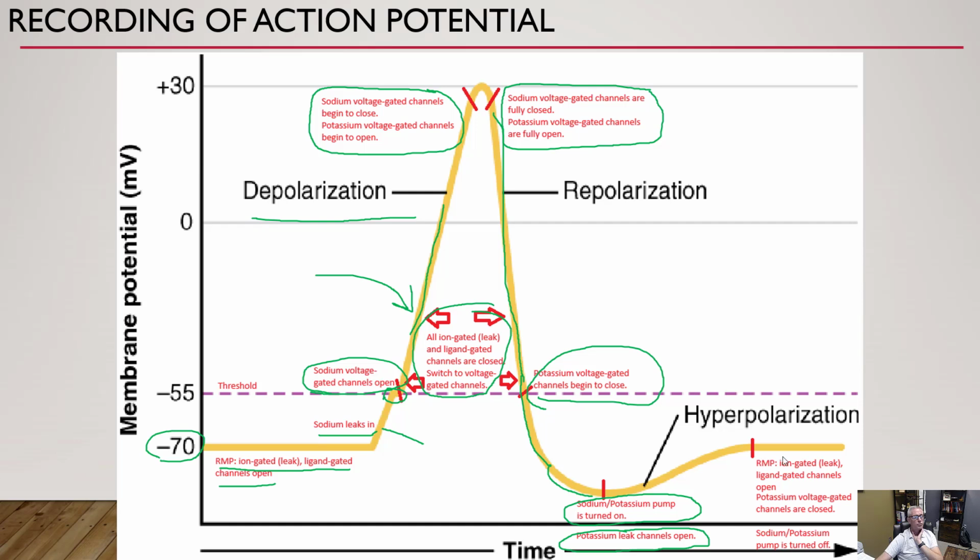Then we go back to our resting membrane potential of negative 70. All of our ion-gated or leak channels and our ligand-gated channels are open. All of our potassium voltage-gated channels are closed. Sodium potassium pump is turned off. And that's kind of it for how we generate an action potential or how we record an action potential.